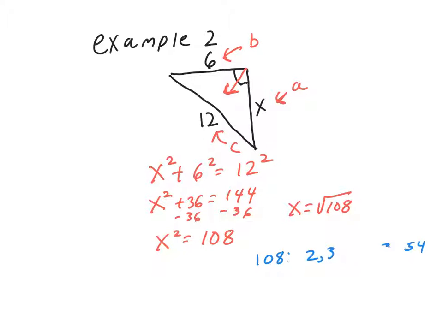I'm liking the 36 because it's a perfect square. That means to simplify this, I'm going to change it into the square root of 36 times the square root of 3, because 36 times 3 is 108. And that means I'm going to get 6 times the square root of 3. So our answer x is equal to 6 times the square root of 3.